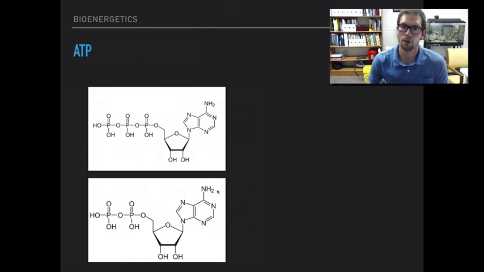Now, we will need to put more energy into the system, so we'll have to add energy in some form or another to take this ADP and form it back into ATP. And that's really going to be the topic that we delve into next, how we actually get energy from food, which namely is going to be via cellular respiration.